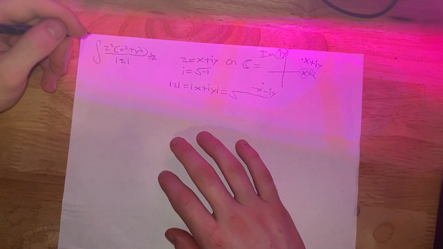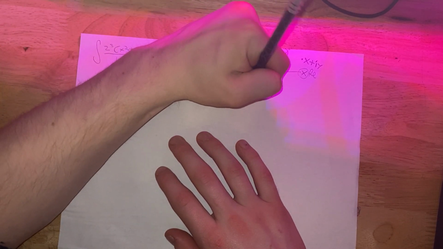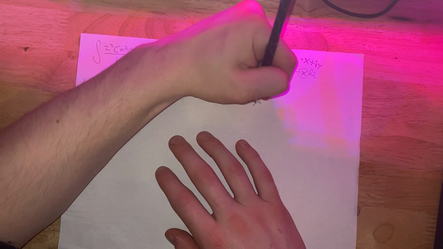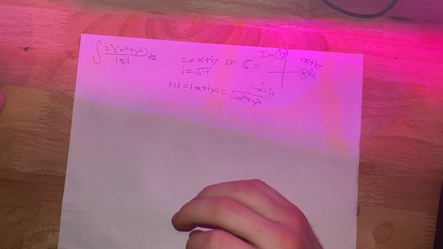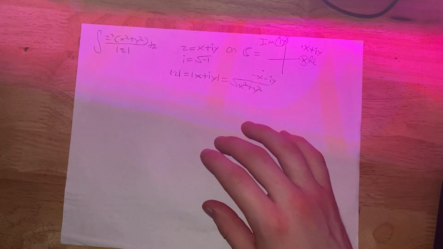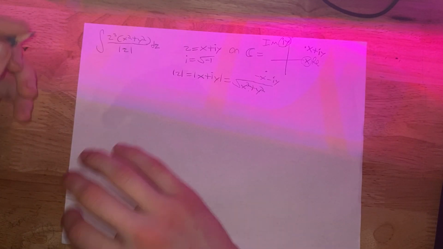And so therefore, we can have the absolute value of z being equal to the square root of x squared plus y squared. The basic Pythagorean distance formula. Or sorry, Euclidean distance formula.